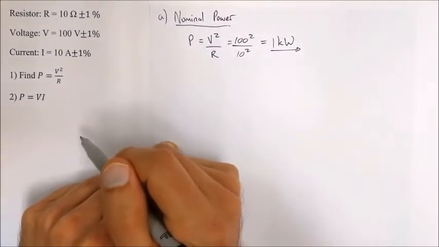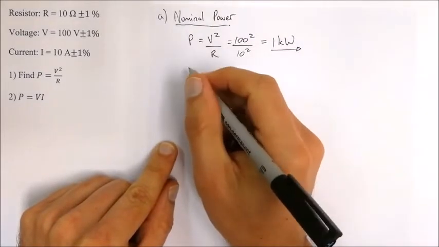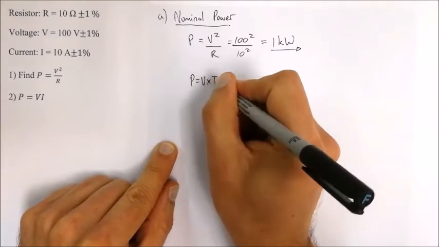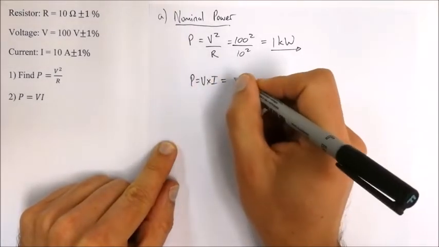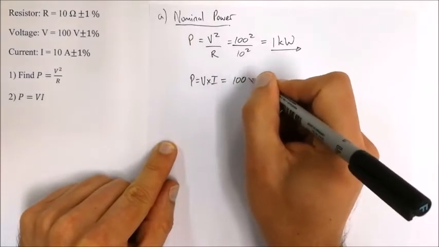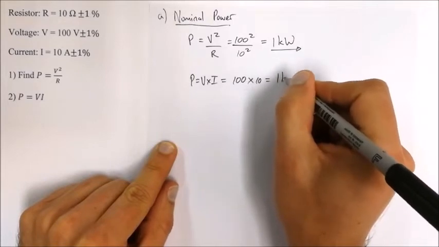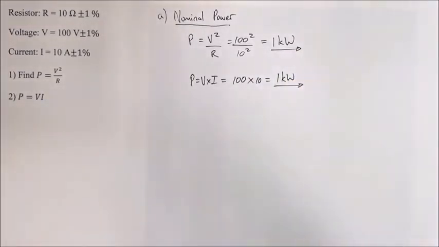If we look at the next equation, P is equal to voltage times current, in this case voltage is 100 volts multiplied by current, which is 10 amps, and that's also going to give us 1 kilowatt. So our nominal power, irrespective of which equation we're using, is going to be the same.